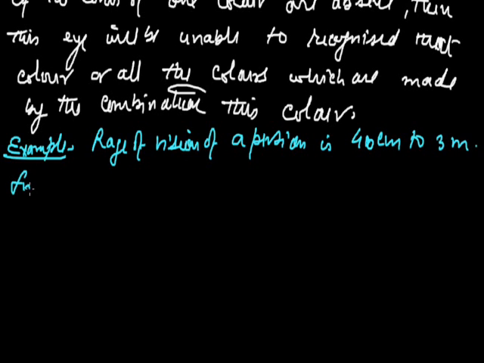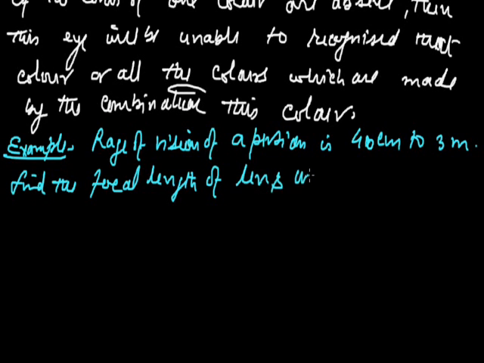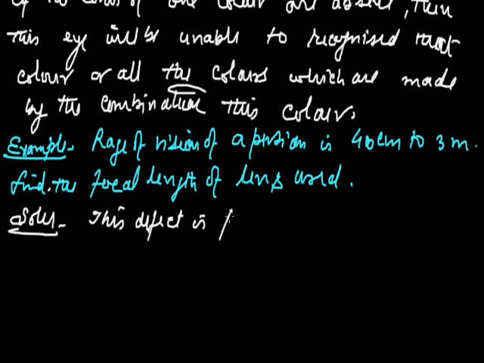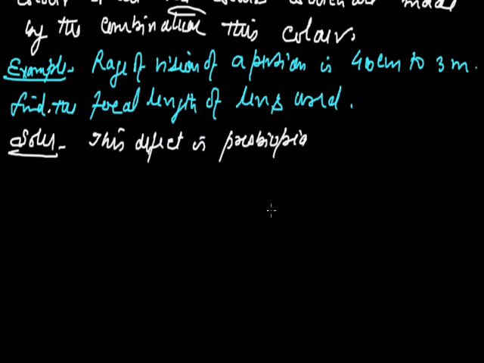Find the focal length of the lens used. This defect is presbyopia because both the points are defected.